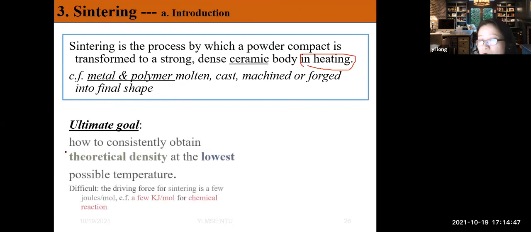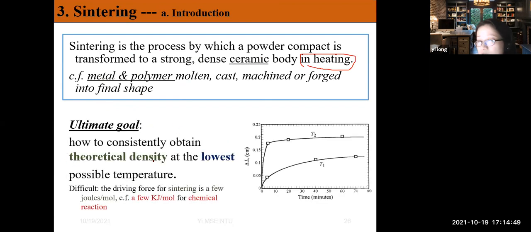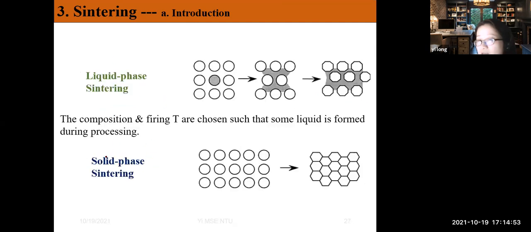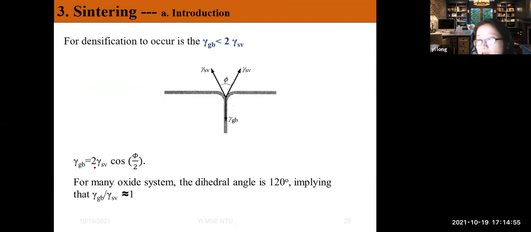So what is the goal, and so these are needed. What are the two different types, liquid and solid? And this is the condition for densification to occur. This is pretty straightforward, because from this equation you can get this condition very easily.